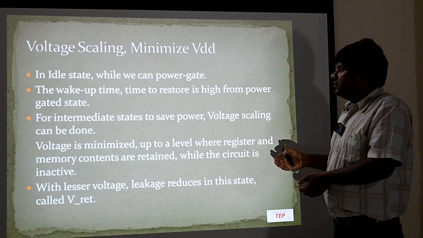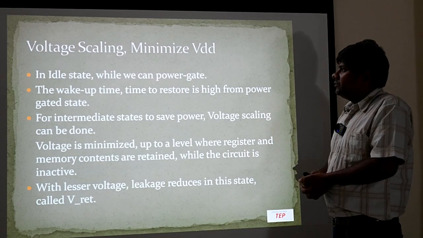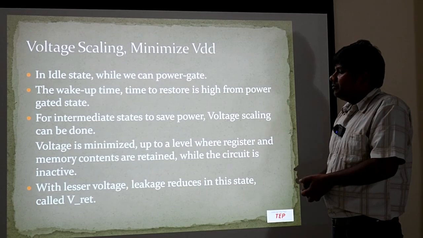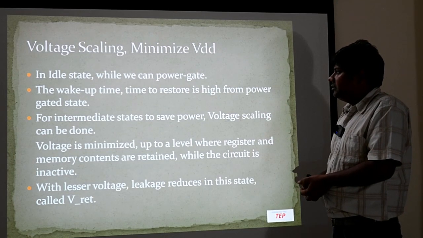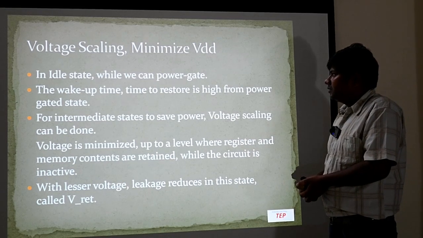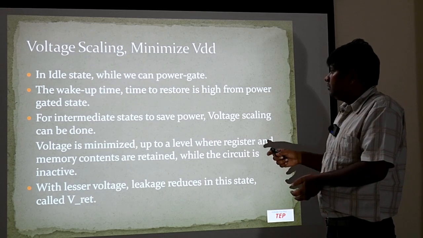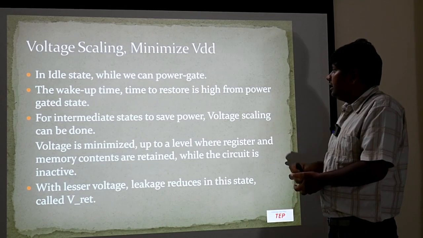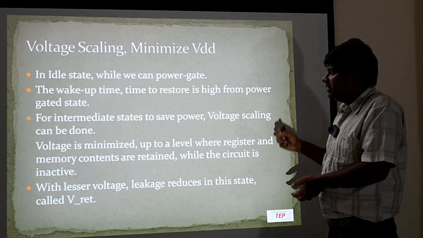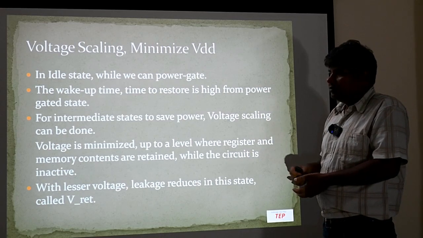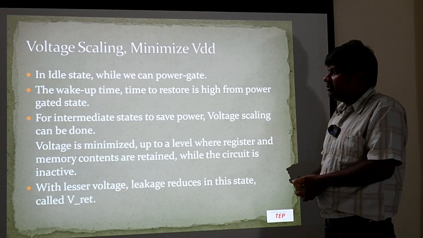One more technique deployed at runtime is voltage scaling. In the ideal state, when we can power gate, the wake-up time to restore is high in a power gating state. So there are some intermediate states after clock gating.